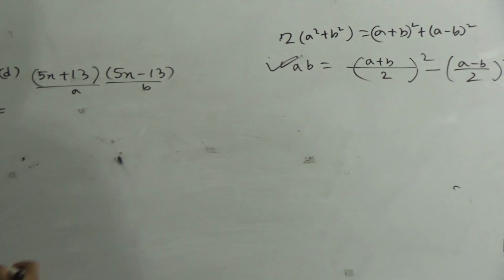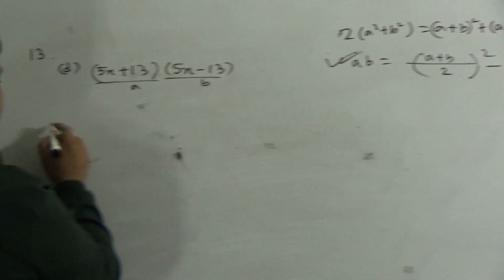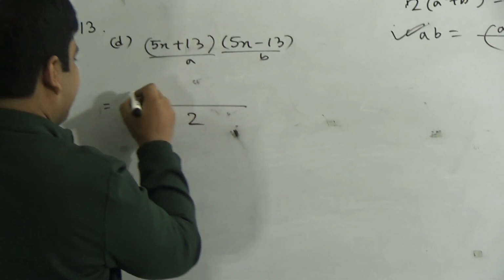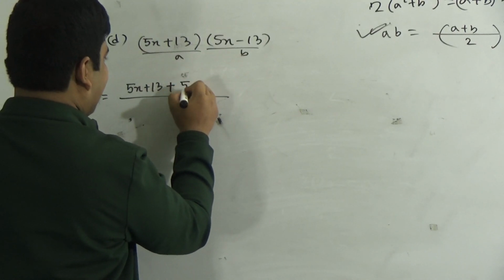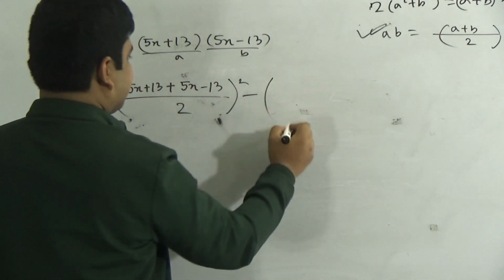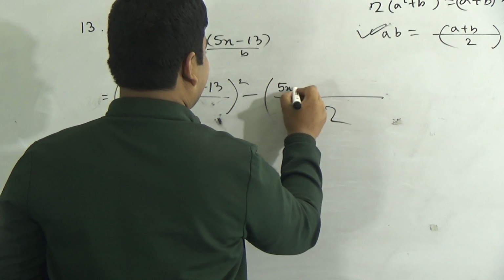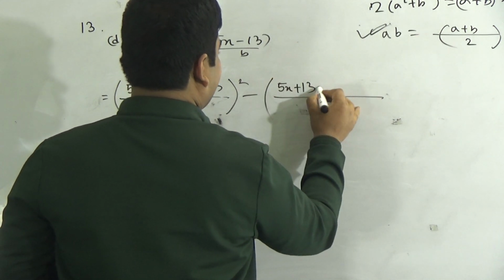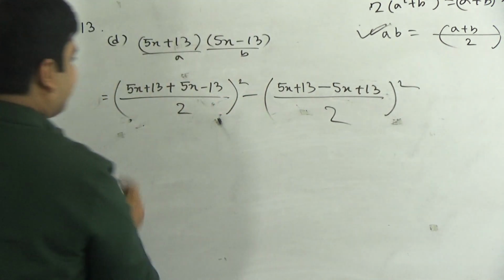So here we use the formula of ab again. So (a plus b by 2) means (5x plus 13 plus 5x minus 13 by 2) whole square minus (a minus b by 2). Here a means 5x plus 13 and minus b means minus 5x plus 13, whole square.